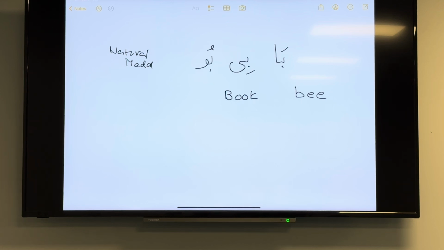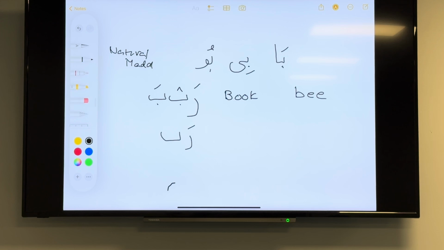But in Arabic, can I write it like this? If you read it, Rabba, it sounds okay. But we don't write it like this, we replace it with a symbol.